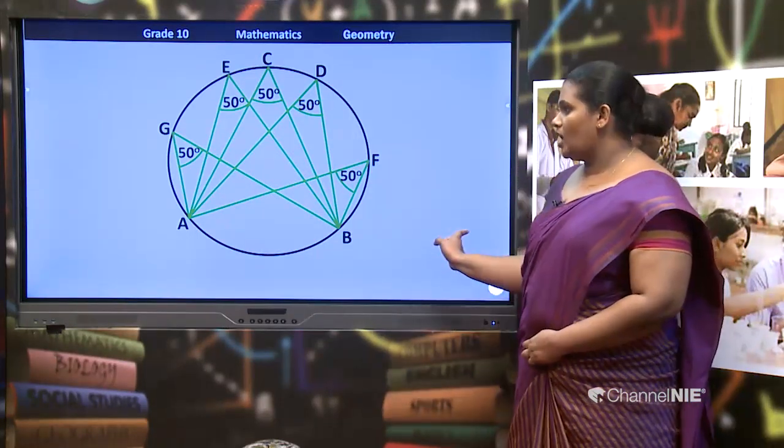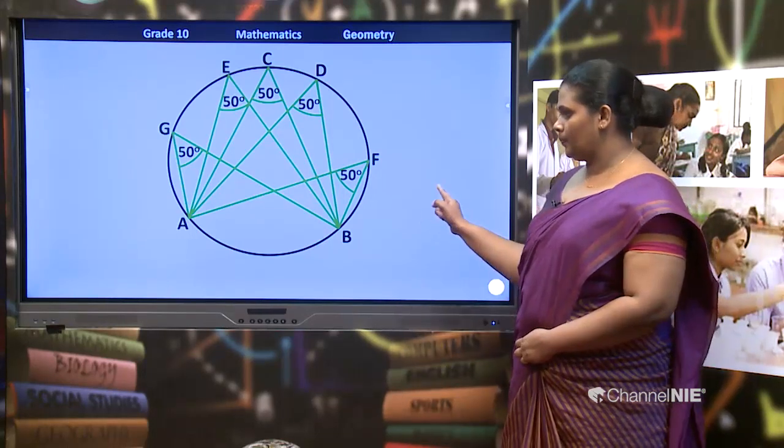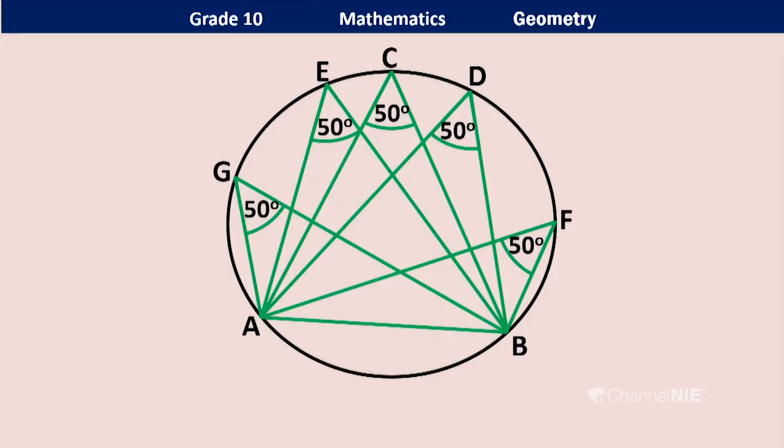Right. Now, if I join points A and B, what can you say about this colored portion? We can consider it as a segment. Isn't that so? So, here I can see all these angles are subtended on the same segment. Right? And I can observe the magnitude of each and every angle is the same.